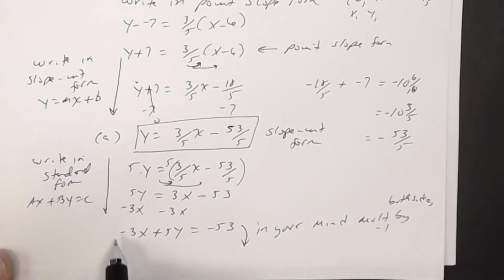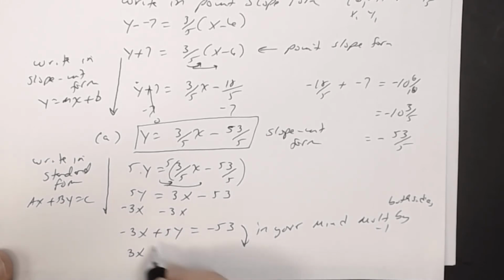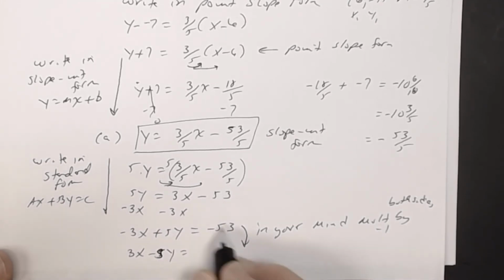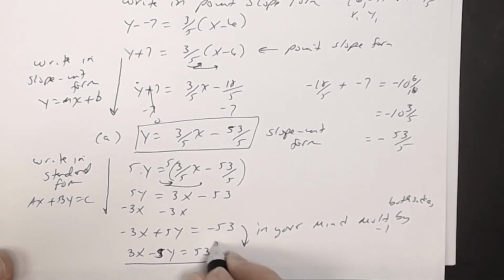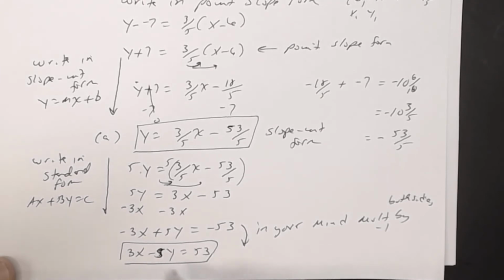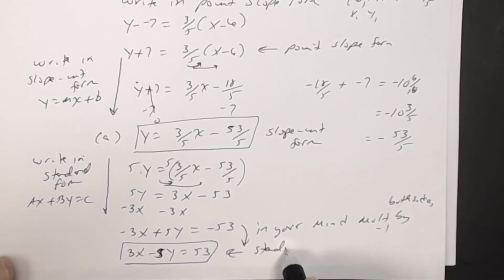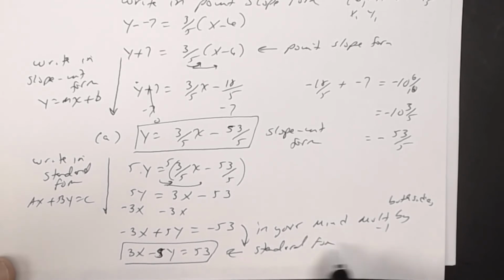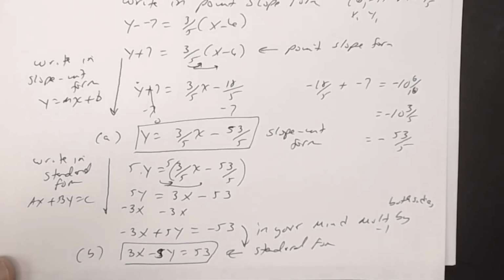So -1 times 3x is a positive 3x. -1 times a positive 5y is a -5y. And -1 times a -53 is a positive 53. I did that because I was running out of room, but you can do that. So that's your answer in standard form. Okay, so that's the answer to part B.